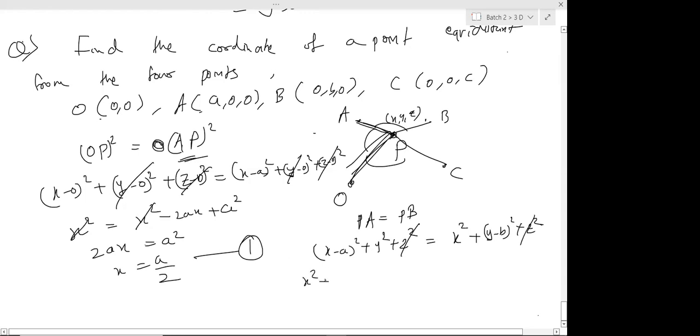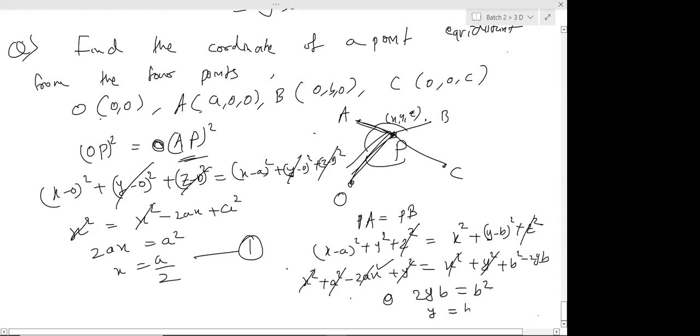Here if we write x square plus a square minus 2ax plus y square is equals to x square plus y square plus b square minus 2yb. x square y square x square y square is cancelled. Let's put the value of x as a by 2. So this is a by 2 means 2 and 2 cancelled, a square is cancelled. That means 2yb is equals to b square. So y equals to b upon 2.